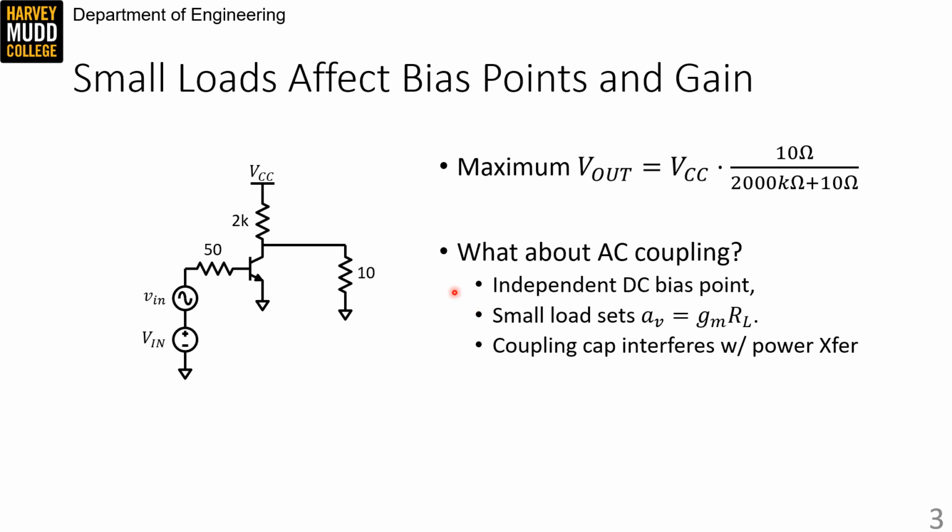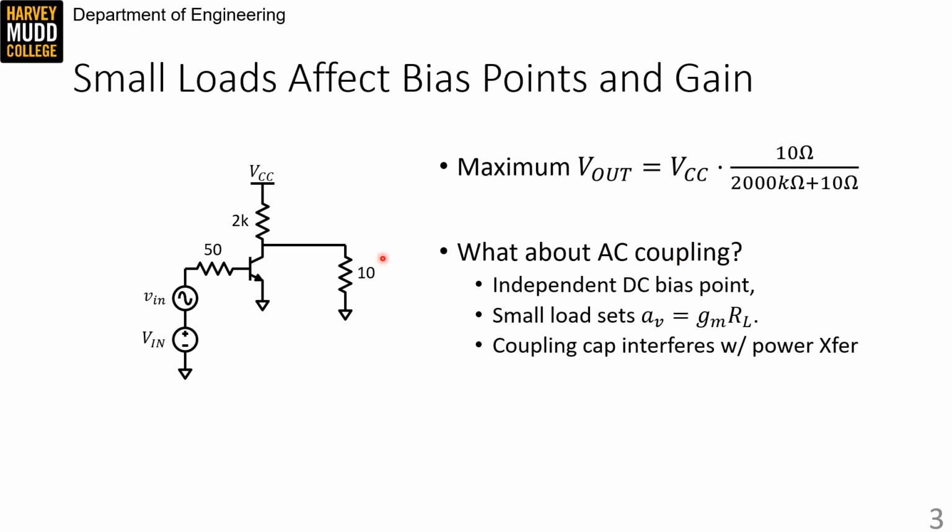Also, if we have a coupling cap, our power transfer into the load will become dependent on frequency, and often somewhat inefficient, which we'll talk about more on the next slide. So AC coupling overall doesn't work great when we're trying to deliver power to a small load.